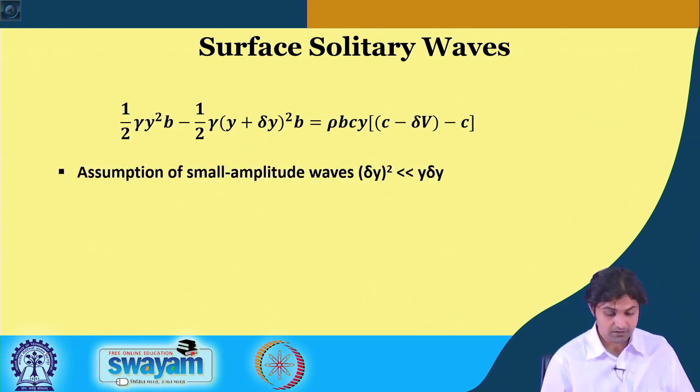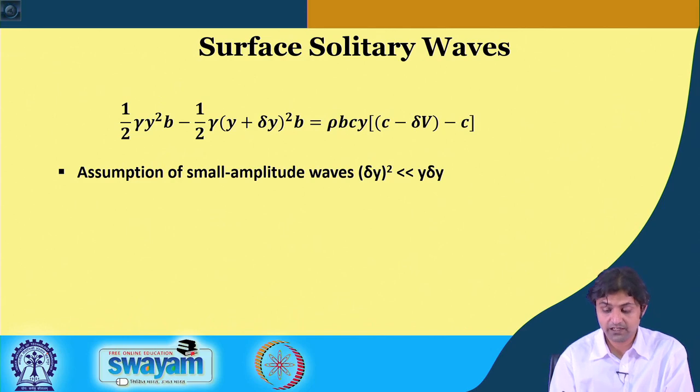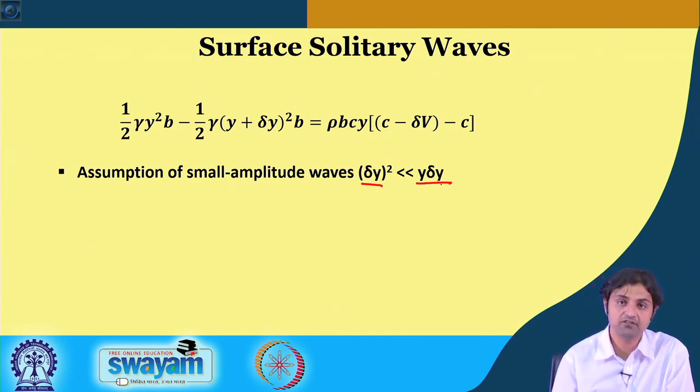If you assume small amplitude wave theory, which is already assumed, delta y is very small compared to y. Therefore, delta y square will be even smaller. So, we can assume that delta y whole square is very much less than y multiplied by delta y.